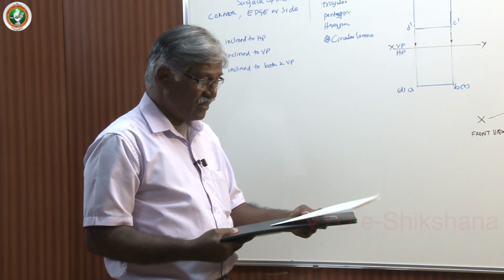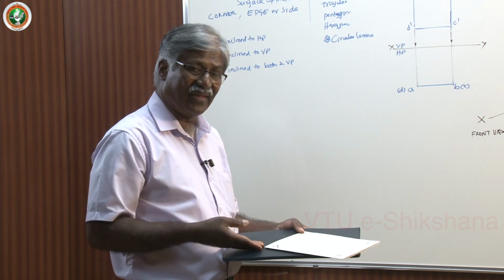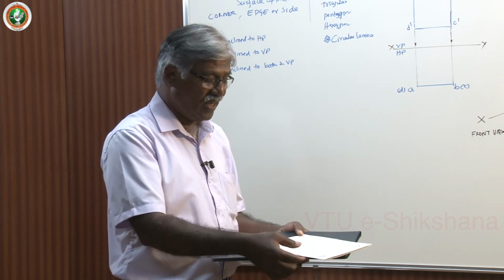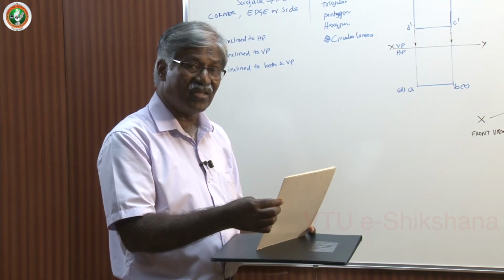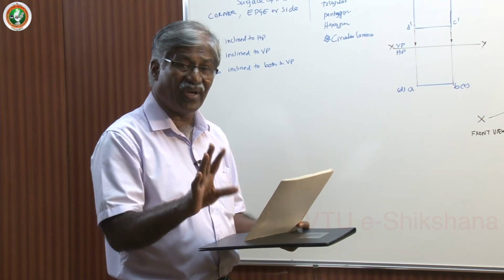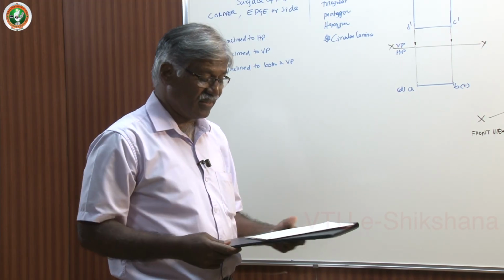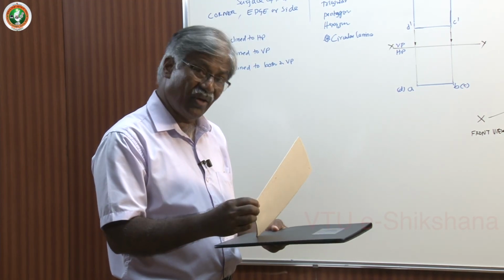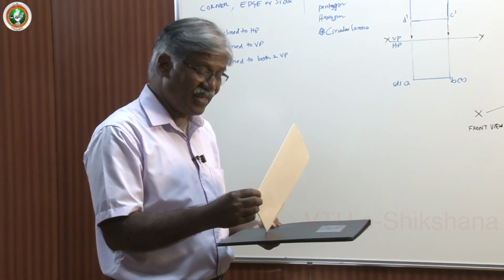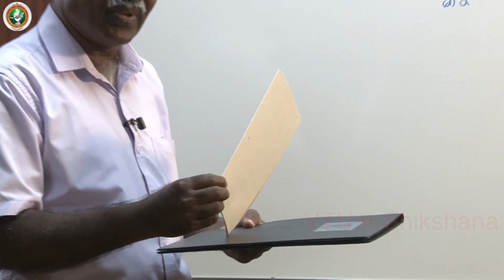Suppose somebody may say, okay, why not keep it like this at random and rotate. What happens? The lamina is inclined to both the planes. We are not interested. We cannot draw the projection. At the same time, if I keep it like this and rotate, inclination only to HP you have given, fine. But what is there on HP? Corner on HP. I don't want that.